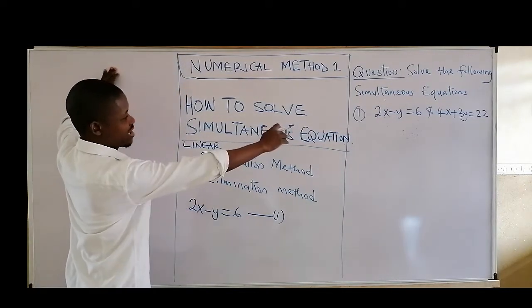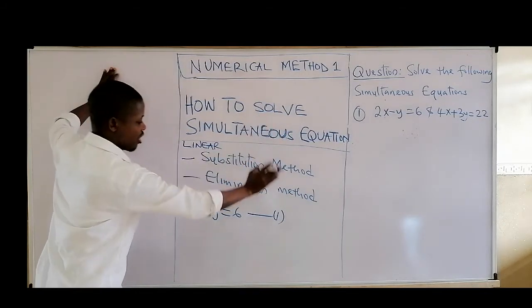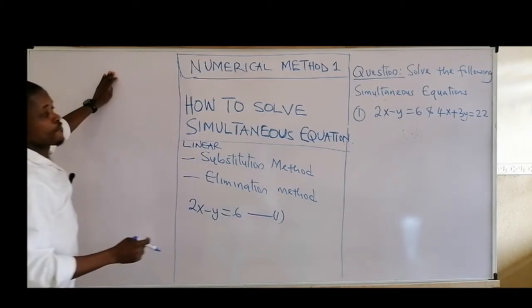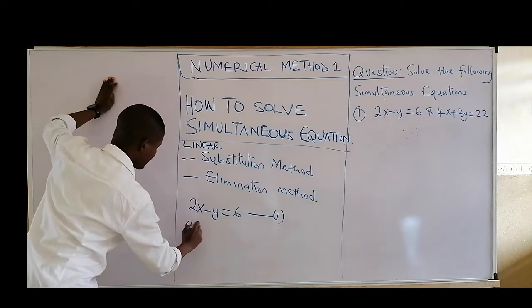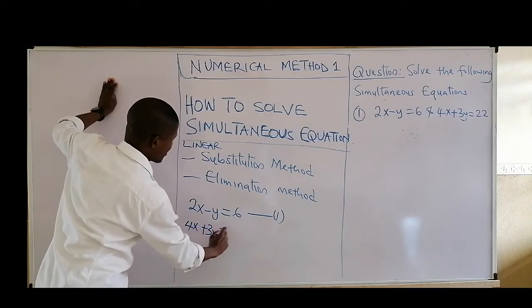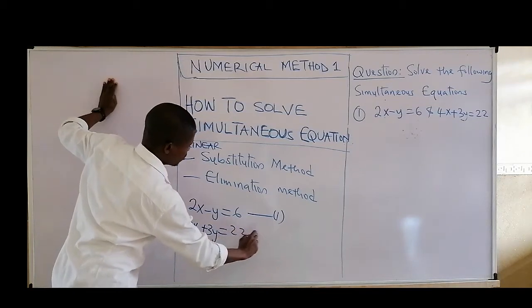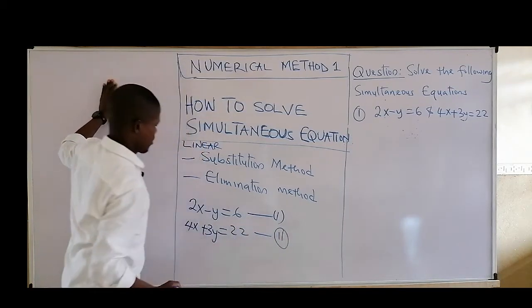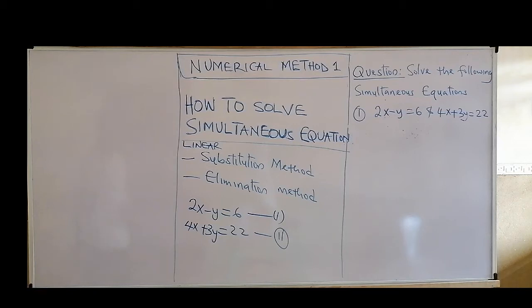The first equation, 2x minus y equal to 6, we call equation 1. Then the second equation, 4x plus 3y is equal to 22, we call equation 2. I want to use the substitution method first.